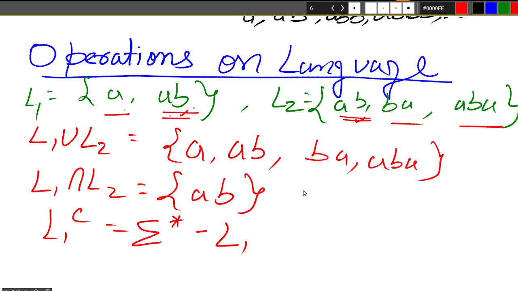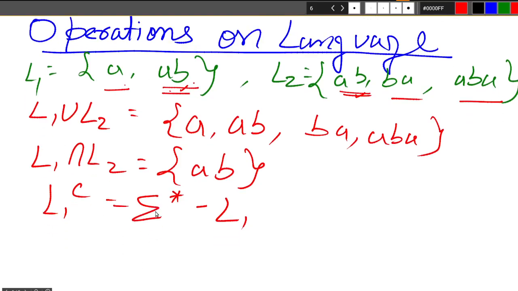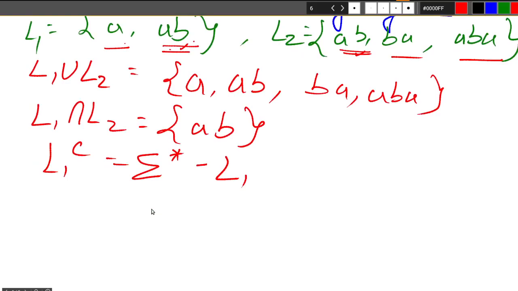Now let me tell you about another thing. If you want to take the complement of this, can you recognize it? Let me write it like this. It is the Kleene closure of the alphabet, which is the universal language. So if you want to take the complement of this, what will happen?